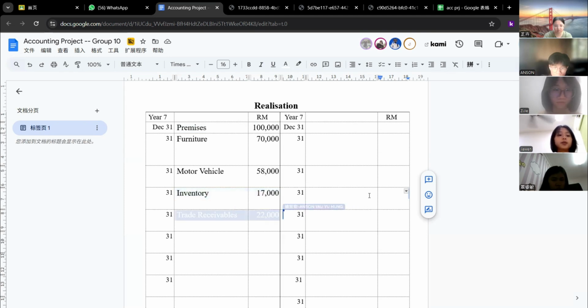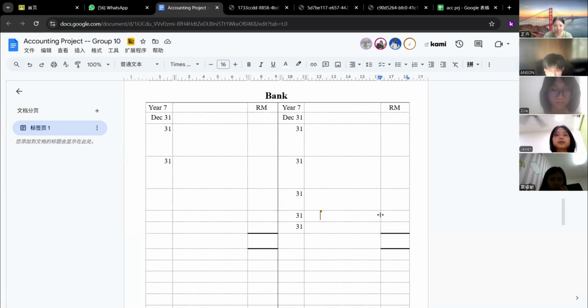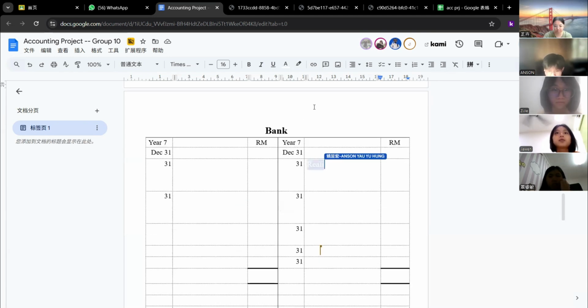But we have to record the cash on the debit side of the bank account. So we write cash on the debit side of the bank account, and the amount is 600.